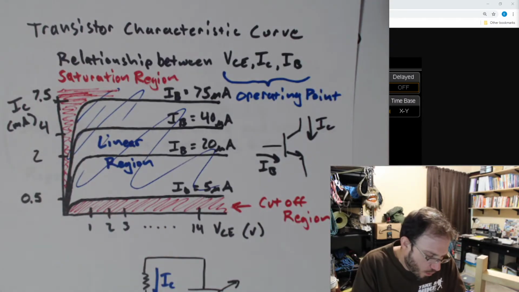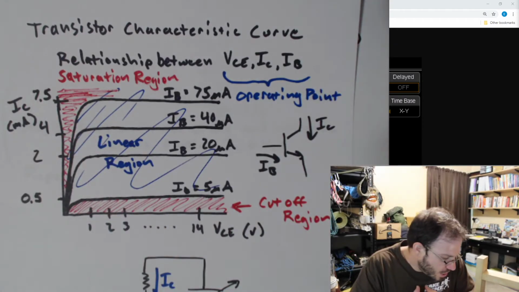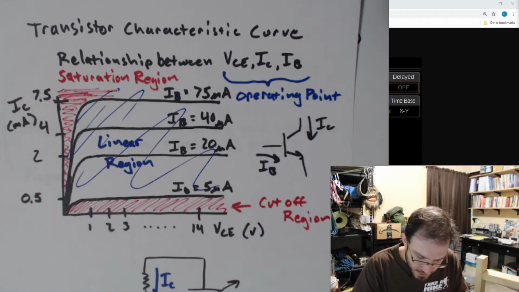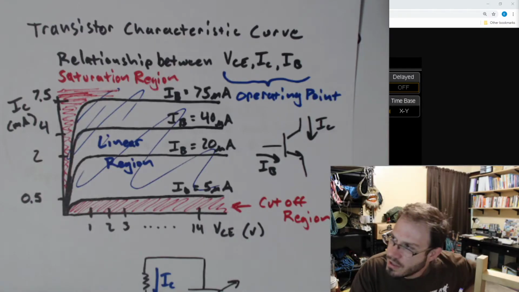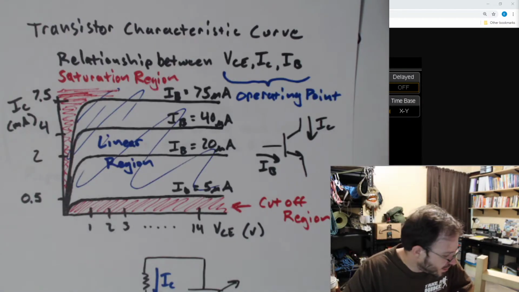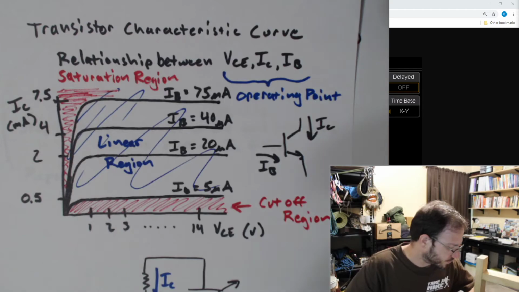Okay, now I want to use this characteristic curve to do another type of analysis on our transistor circuit.